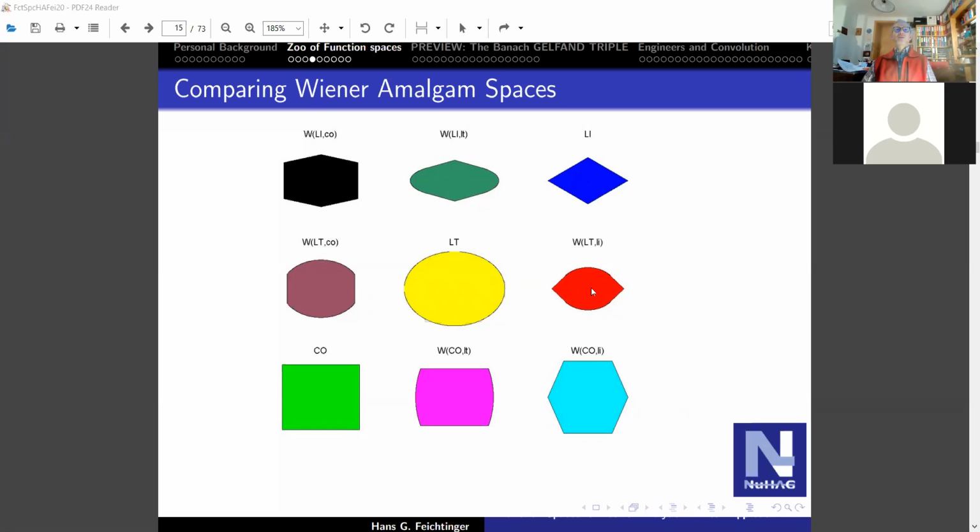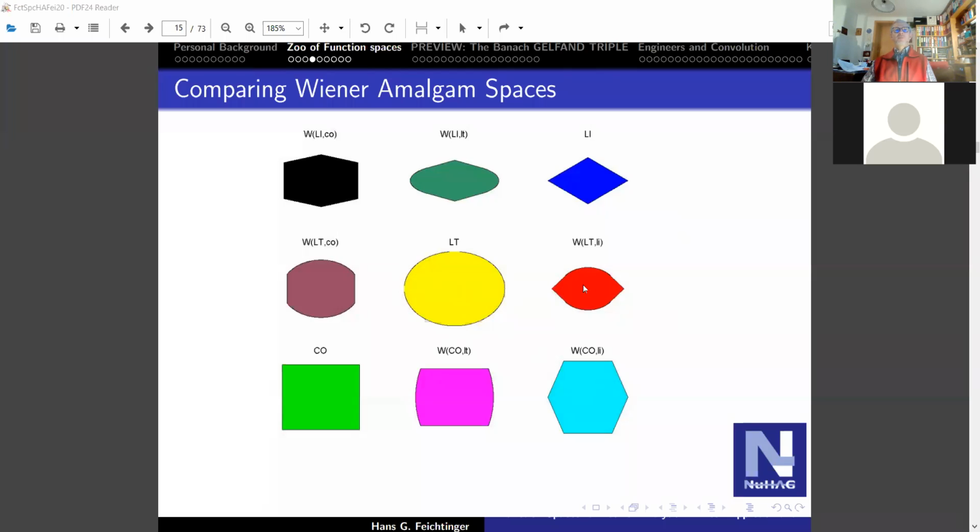And if you take these pictures, and we have normalized them appropriately, and you try to see whether the Fourier transform maps one of these spaces into the other space, then you find out that you can reflect it by duality. So we have seen L1 is going into C0. Now the Wiener algebra is going into this space, local Fourier algebra, global C0.